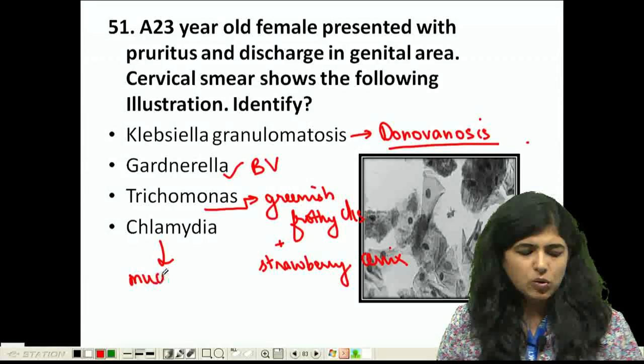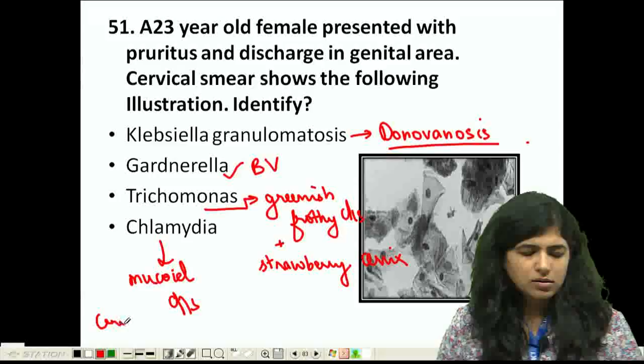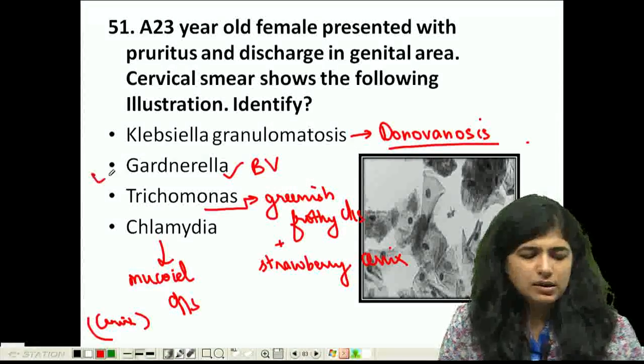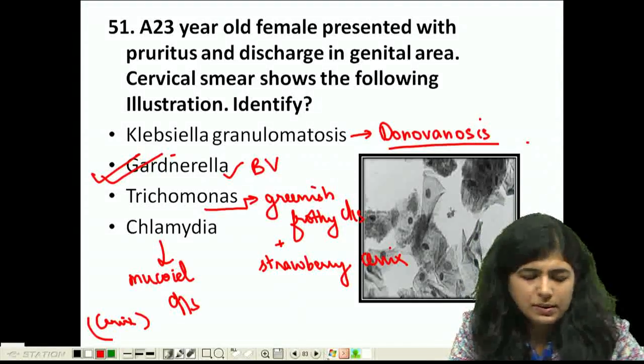Chlamydia causes a mucoid discharge from the cervicitis that it causes. Answer here is Gardnerella. Clear to you? Yes.